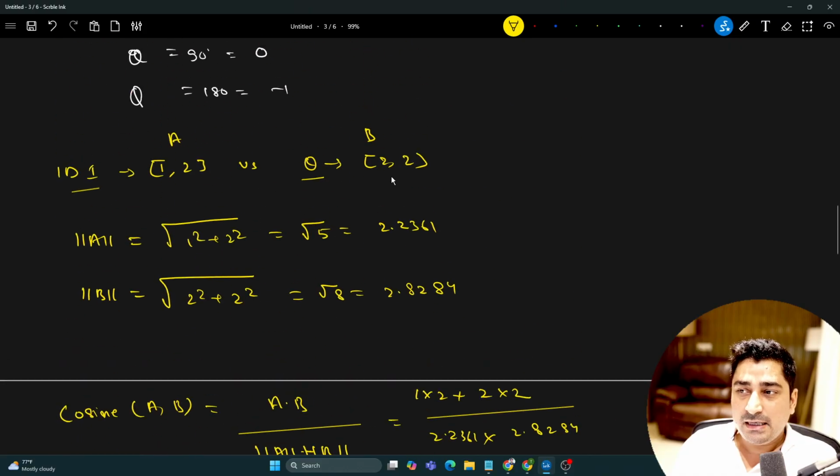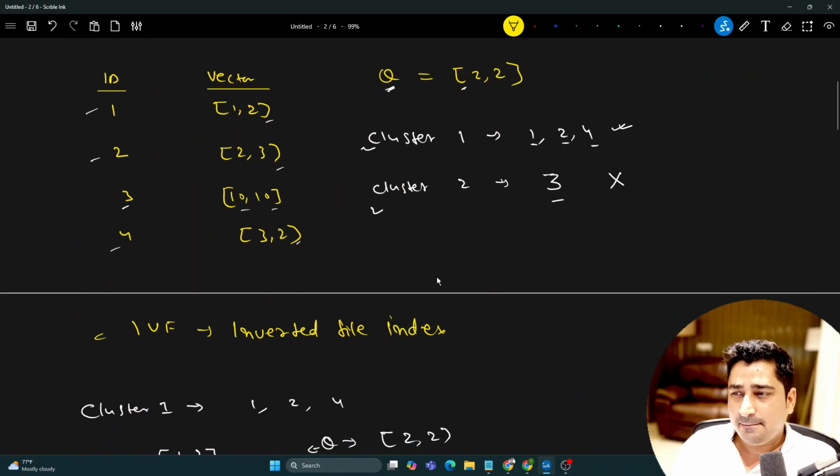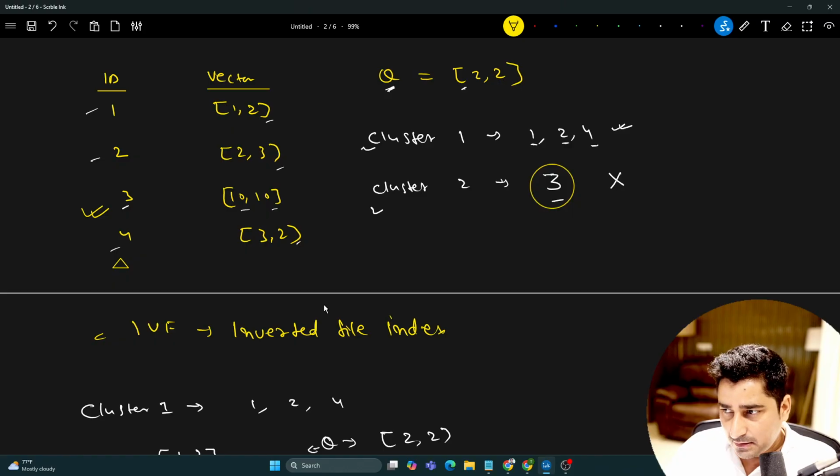Plus, one more thing I would like to explain once again: here we are not doing comparison with ID number 3, because ID number 3 belongs to another cluster. So we avoid a lot of calculation, because as my data set grows, I will have n number of clusters, and I should not compare with all the data.